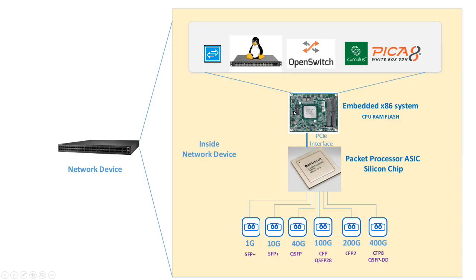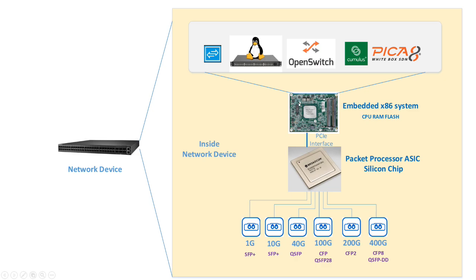But in general, they all have the embedded x86, or it might also be based on PowerPC or ARM processor, which is separately connected to the main motherboard. Now, in the CPU board, you have the ability to install different operating systems using the ONIE interface, which is already installed inside this CPU board.